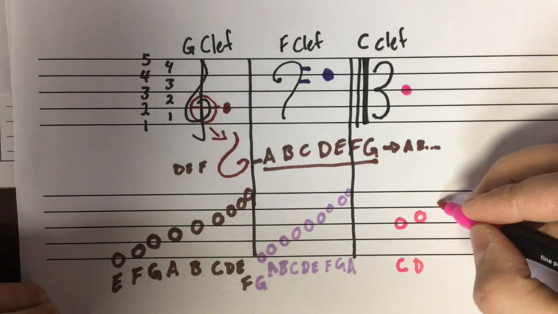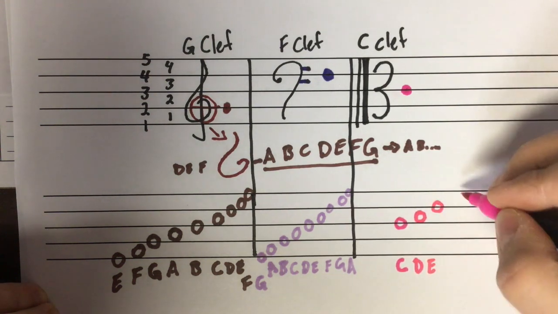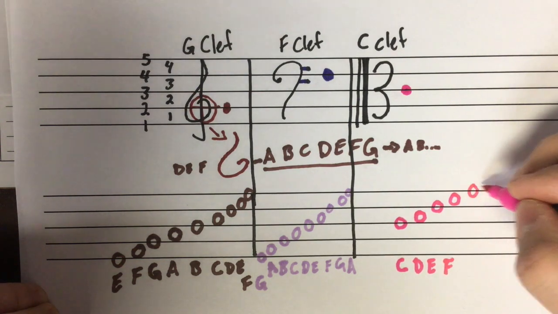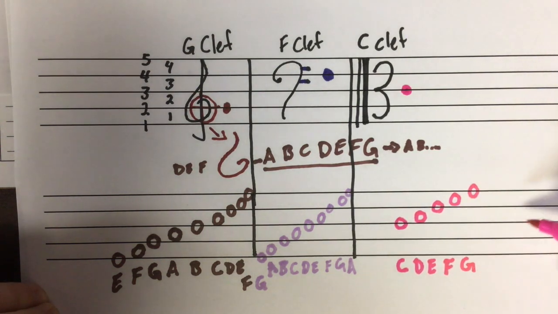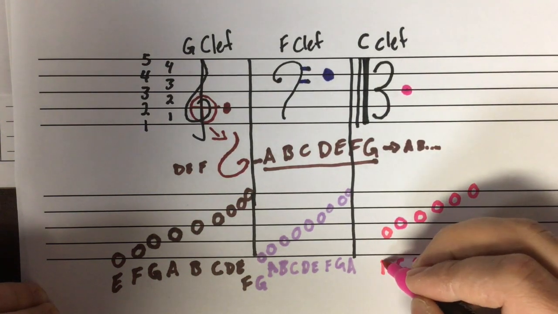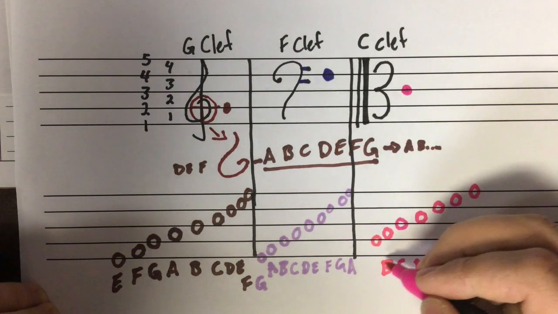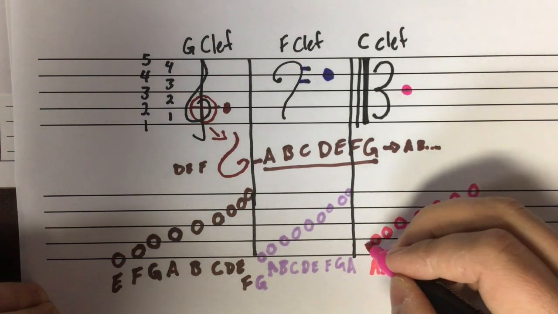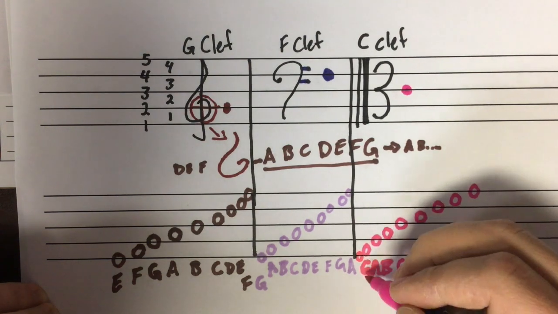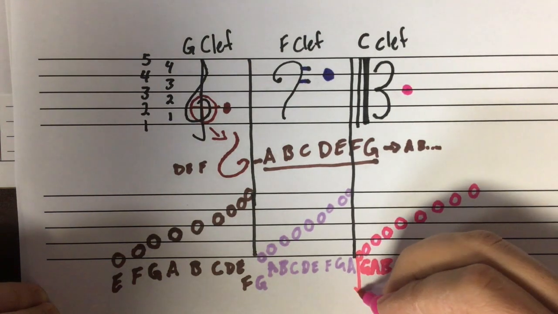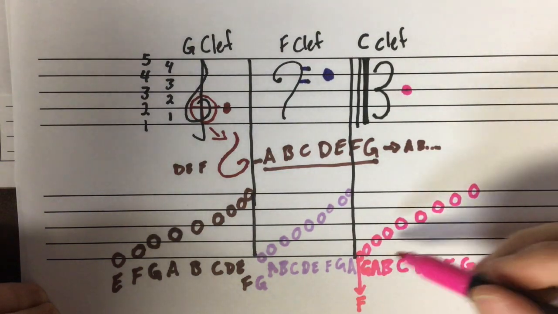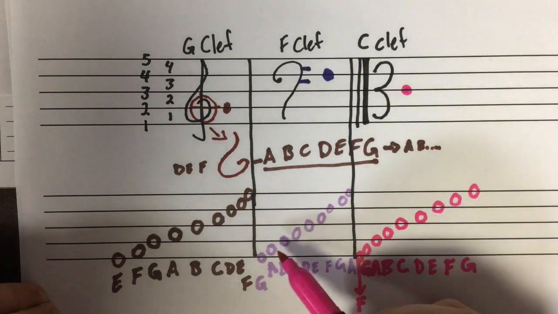In the space, we have D, line, E, fourth space, F, top line is going to be G. Let's go backwards. Second space, before C is B, second line, A, first space, G, we got to start it over, and then the last line, or the first line, I'm going to draw a little arrow down here, is F. So that's how we start only the alto clef pitches.